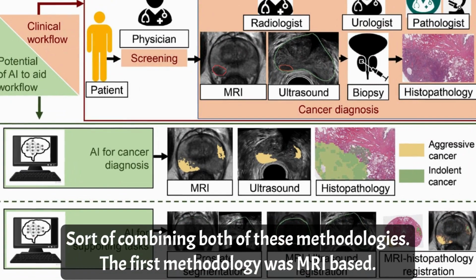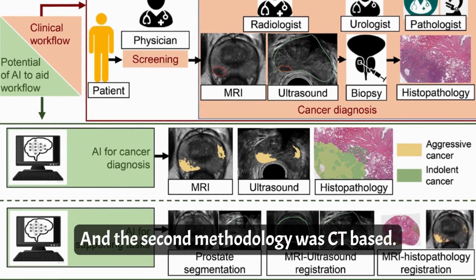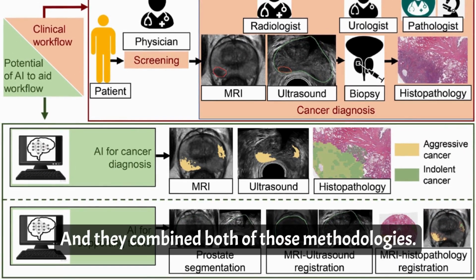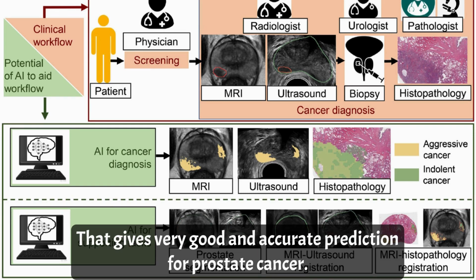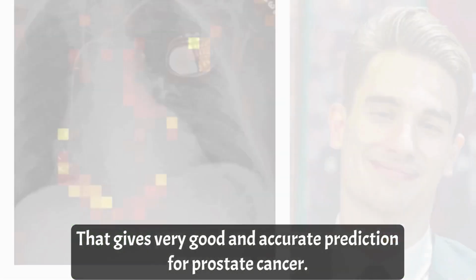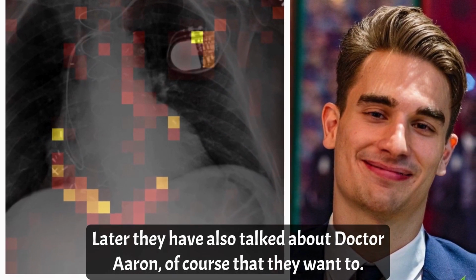The first methodology was MRI based and the second was CT scan based, and they combined both of those using computer vision, of course, to get an algorithm that gives very good and accurate prediction for prostate cancer.